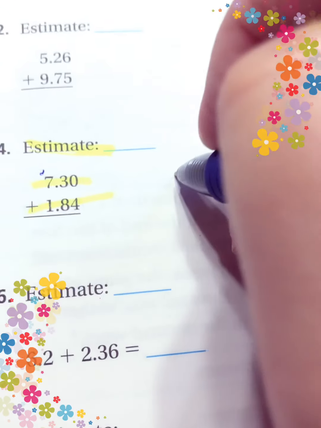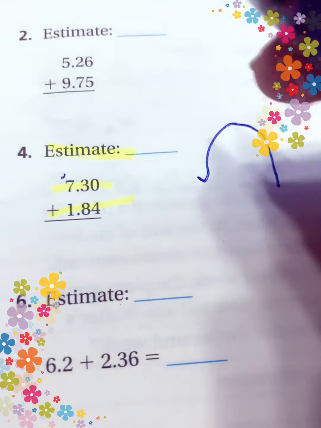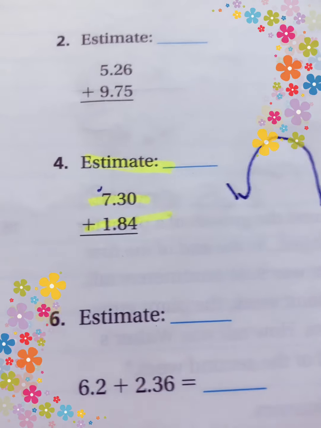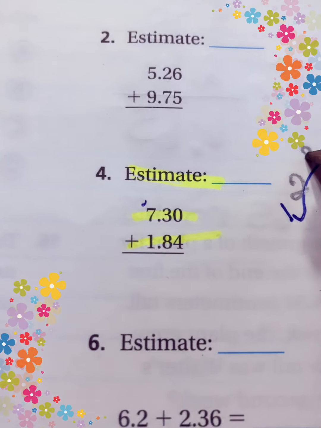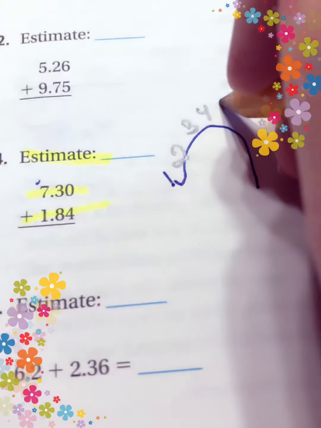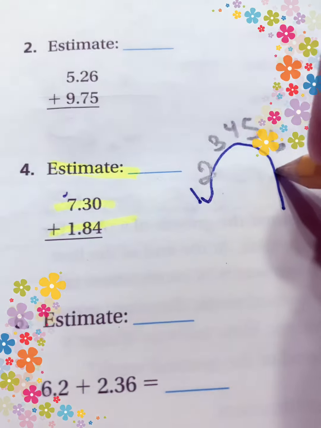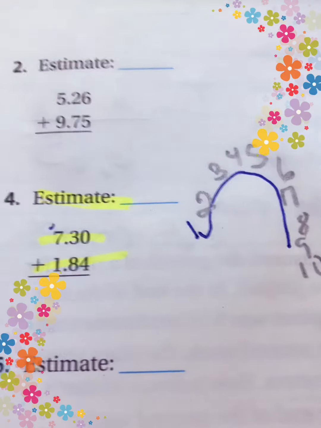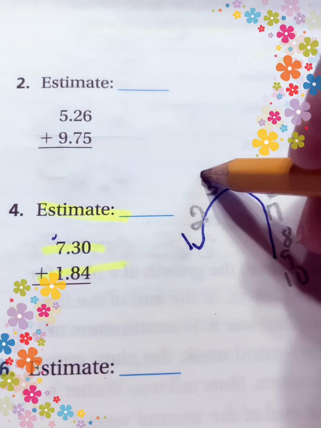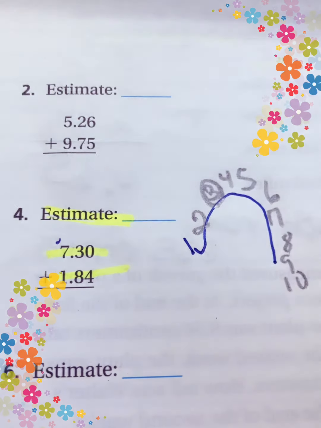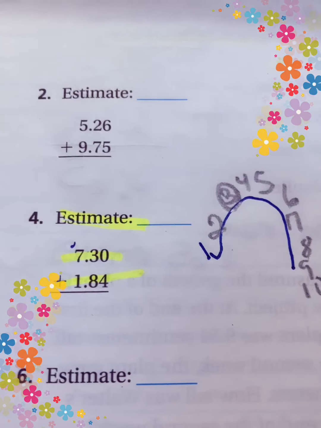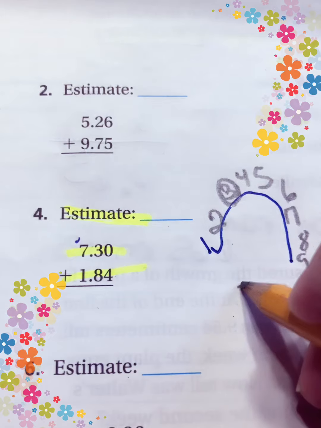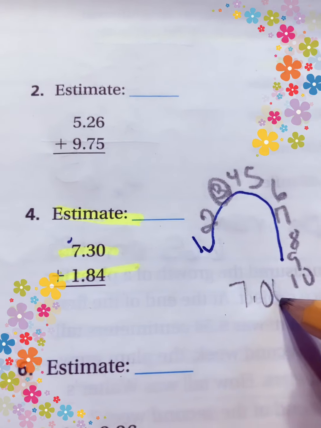So if I was going to do a rounding roller coaster, I have 1, 2, 3, 4, 5, 6, 7, 8, 9, and 10. And it's a 3. Do you see the 3 over here? So that 3 is telling the 7 to round down. So in this case, I have 7.00.